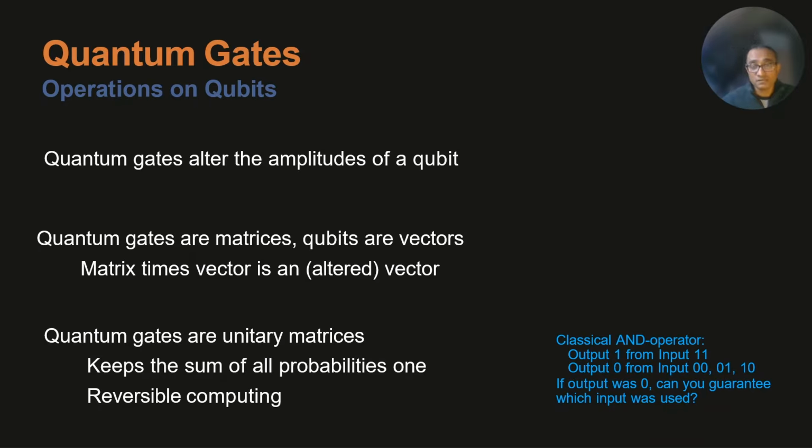If you look at the classical AND operator, it is a 2-input gate and it gives a single output. Output 1 comes when the inputs are 1, 1, and output 0 when either one or both of the inputs are 0. However, the tricky bit is, if the output is 0, how will you determine which input, 0,0, 0,1, or 1,0, it came from?